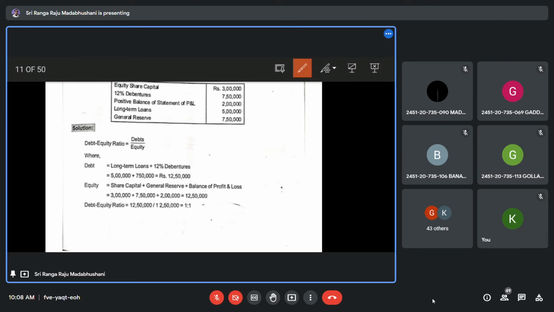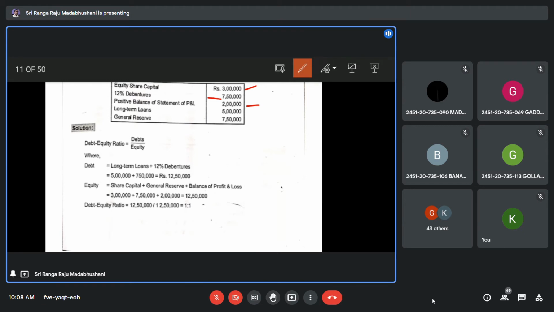So here, share capital is owners' equity. Then 12% debentures: it is a long-term liability, debt. Then the positive balance of the statement of profit and loss account. So this is the profit and loss account balance.